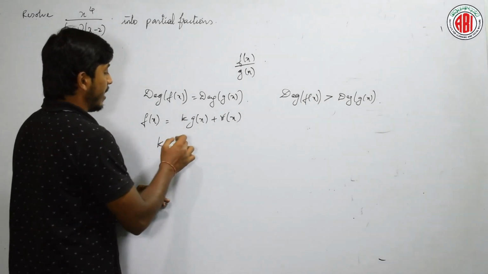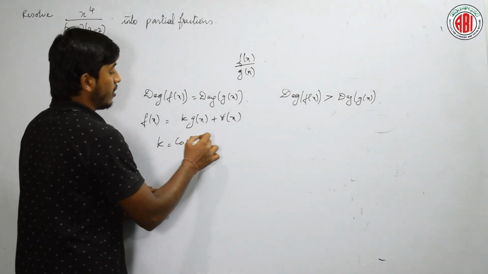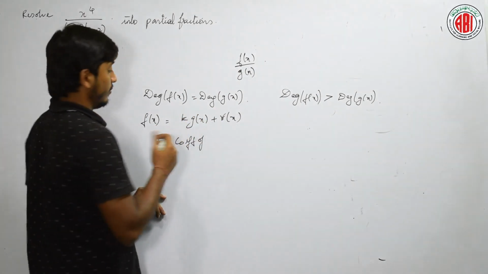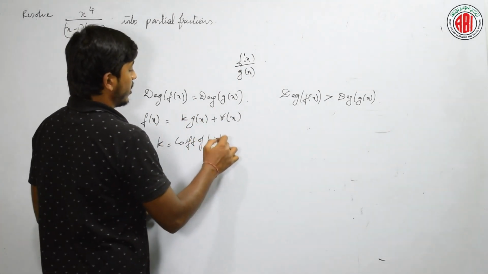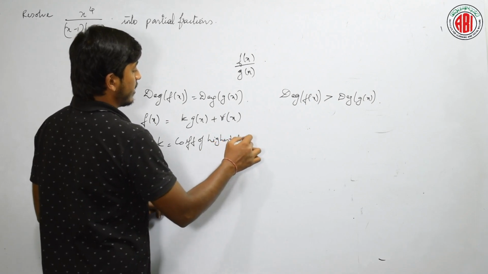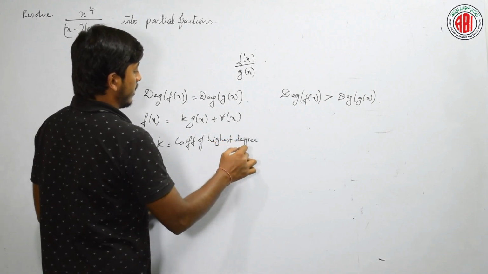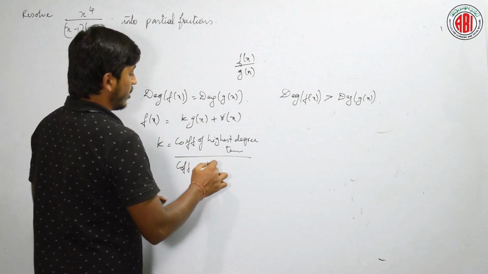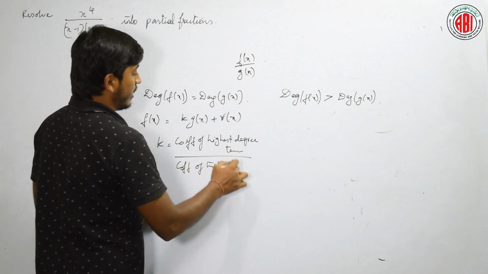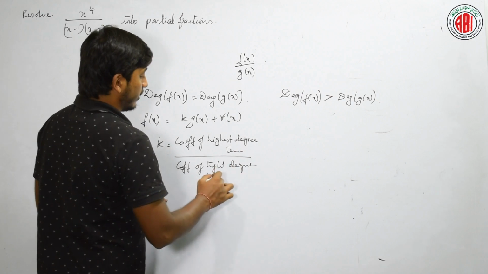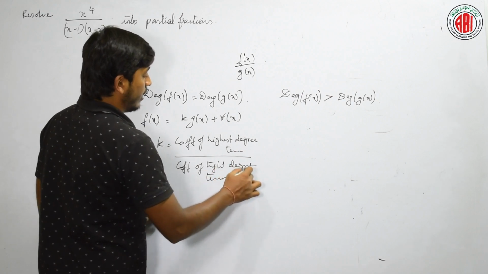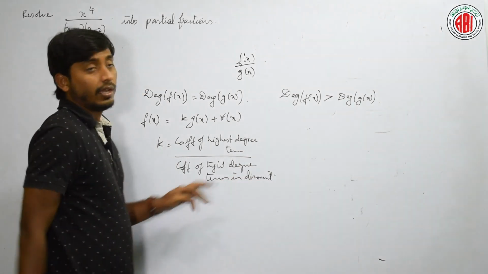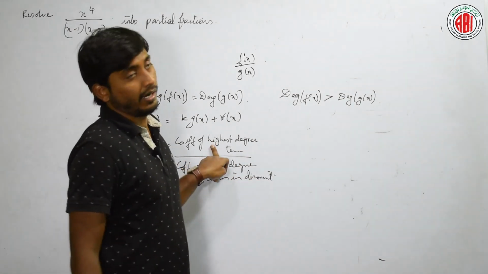K is nothing but the coefficient of the highest degree term in the numerator divided by the coefficient of the highest degree term in the denominator.